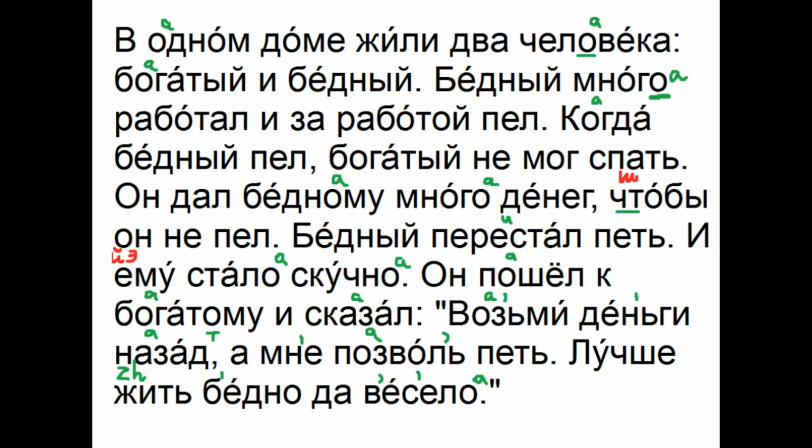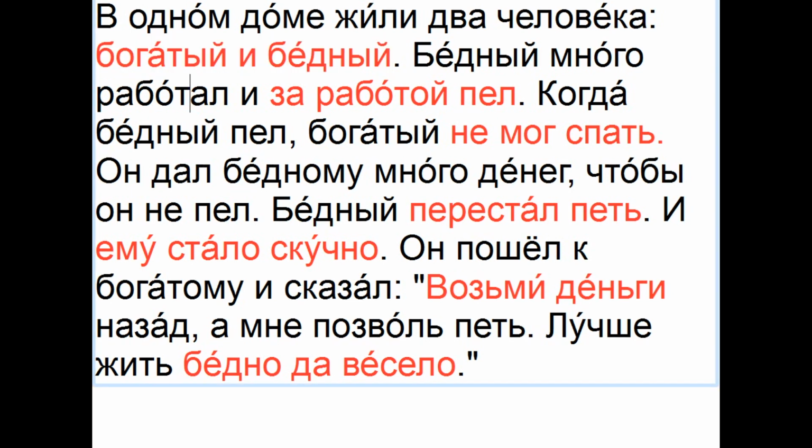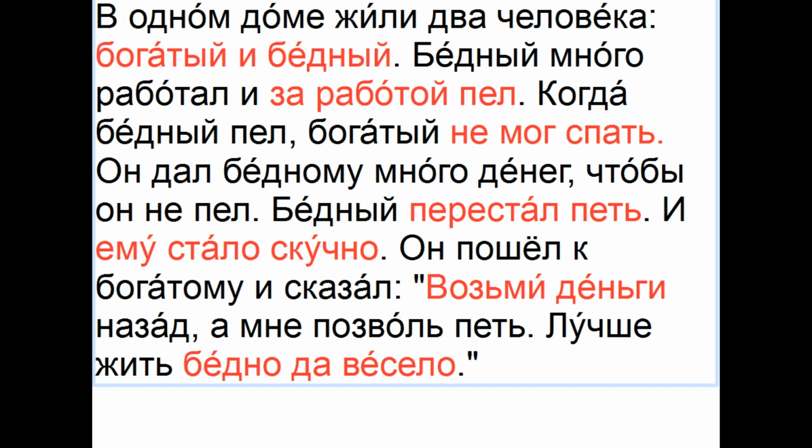And now let's dive into translation. Translation of the complicated words. The first words that I want you to know are богатый and бедный. Богатый is someone who's rich, and бедный is someone who's poor.